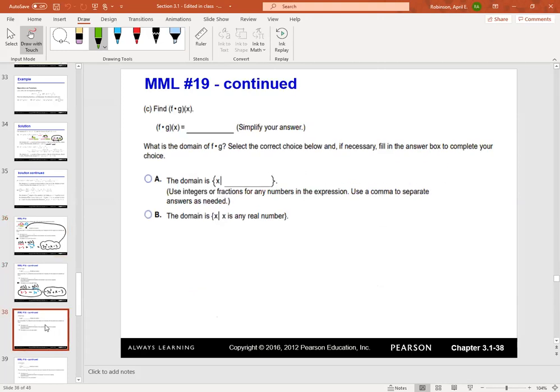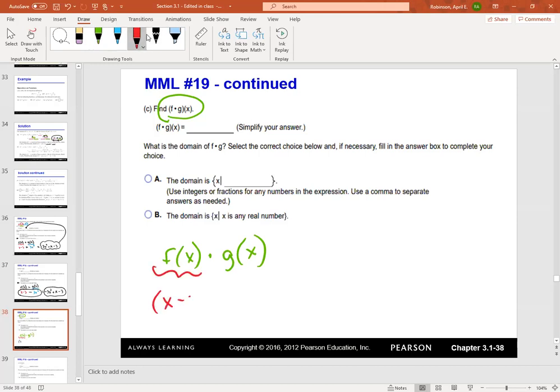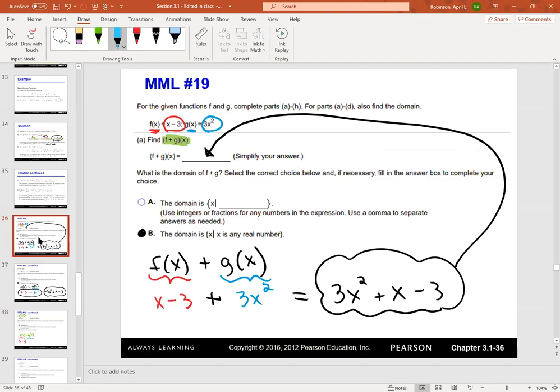Okay, so f times g of x means take f of x times g of x, and f of x was x minus 3, and g of x was 3x squared.